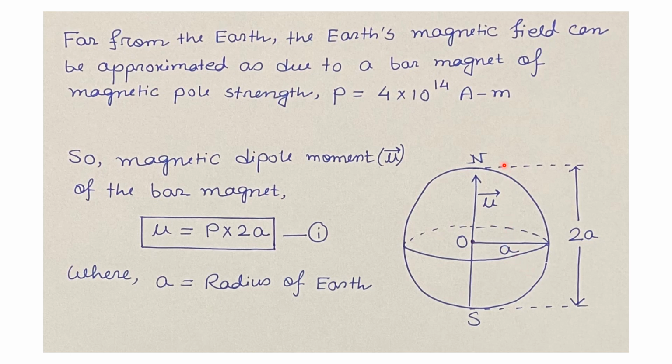The magnetic dipole moment is mu, and the length of the magnetic dipole is 2a. So the magnetic dipole moment mu vector of the bar magnet of Earth is given by mu equals P times 2a. This is the relation between the magnetic dipole moment and the magnetic pole strength. Here a is the radius of Earth.